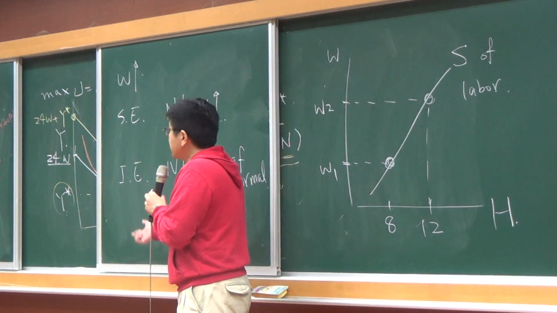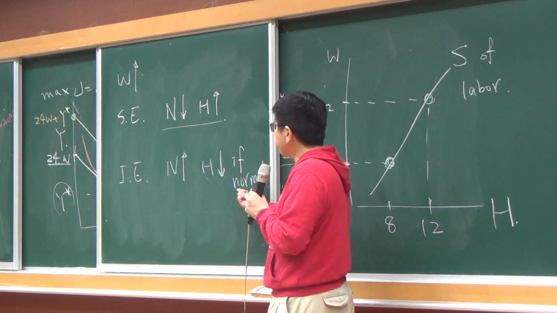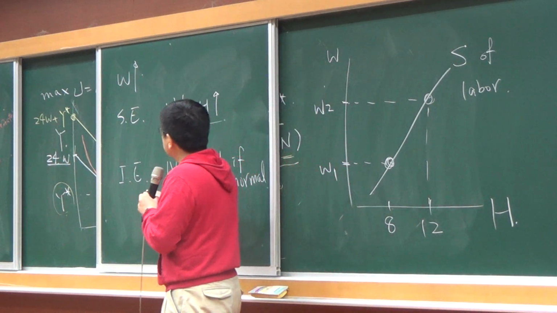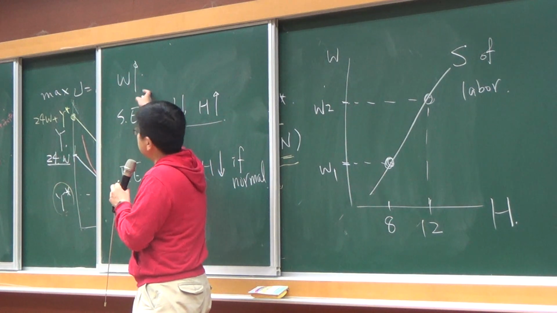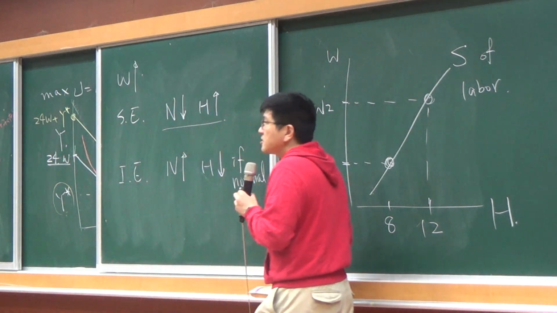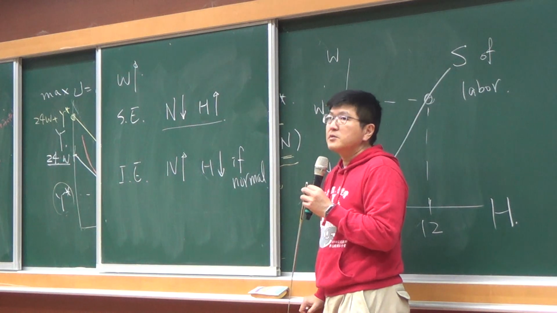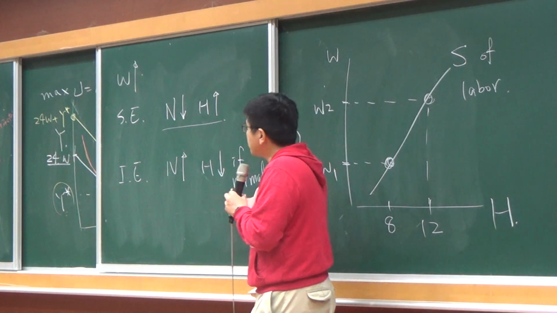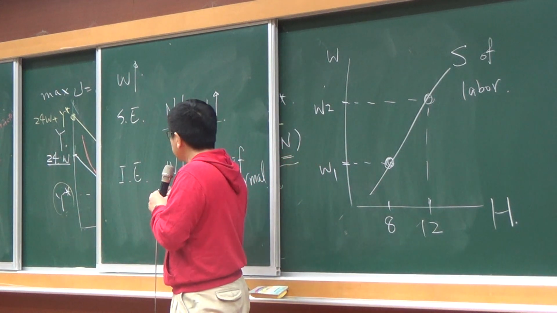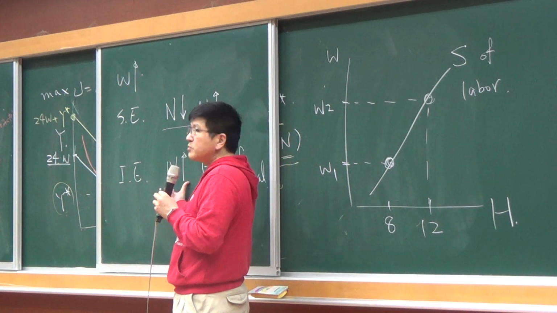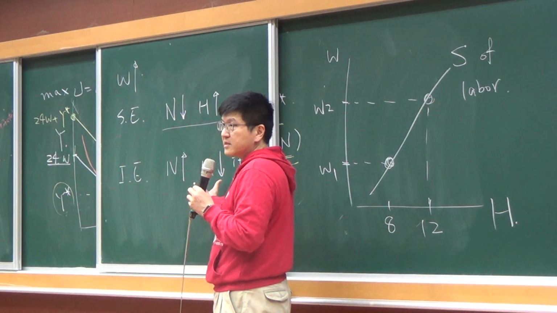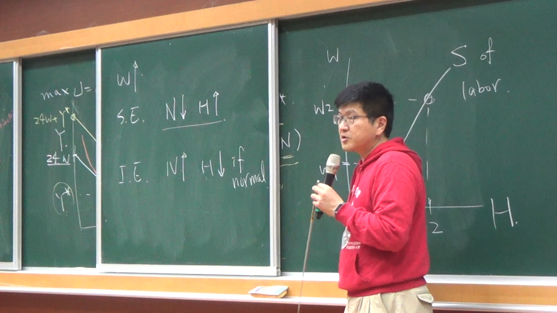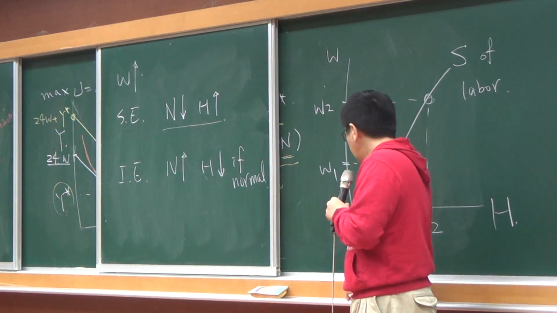And the income effect: if leisure for you is a normal good, then with the increase in income, because you got a higher wage rate, you become richer, your real income increases. And if leisure is normal, with an increase in income, you will consume more leisure and you will work less. So you see a conflict between substitution effect and income effect.